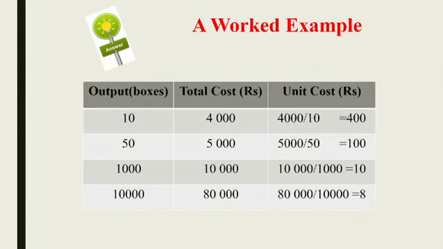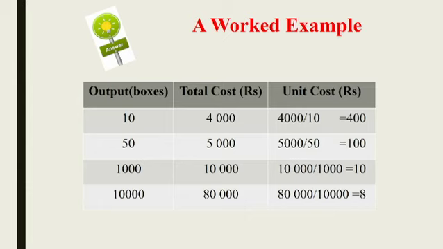Let us see how we have calculated unit cost. For 10 boxes of matches, the unit cost is 4,000 divided by 10 is equal to 400 rupees. For 50 boxes of matches, the unit cost is 5,000 divided by 50 is equal to 100 rupees.